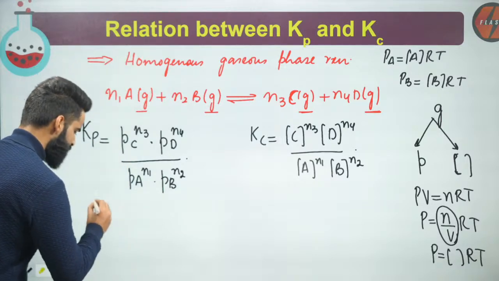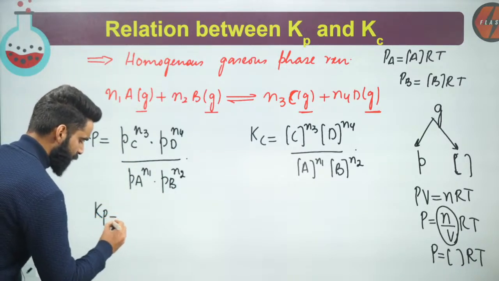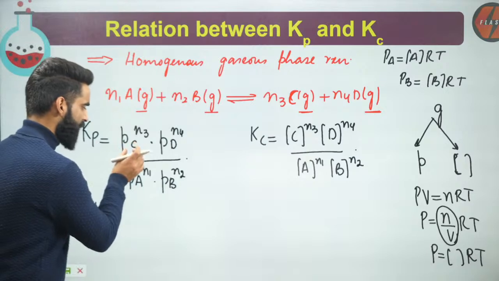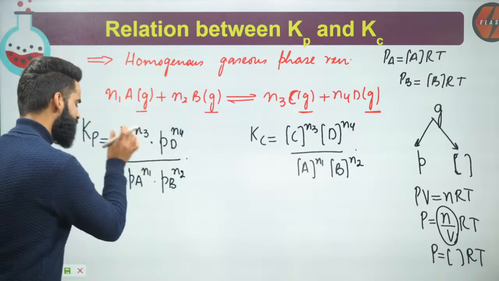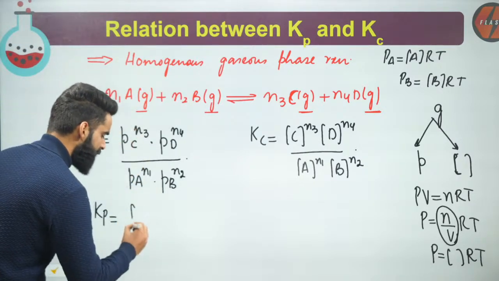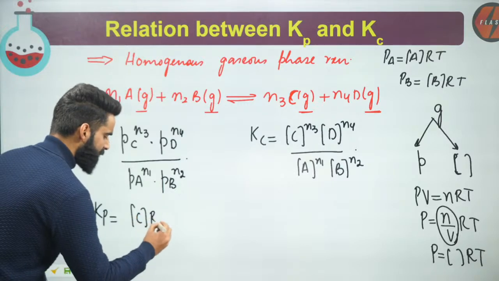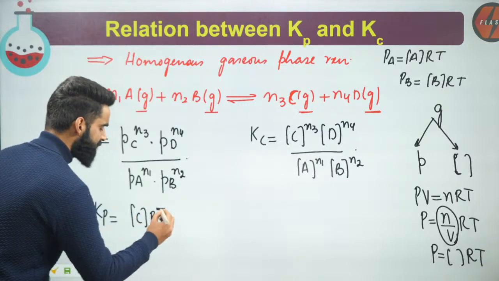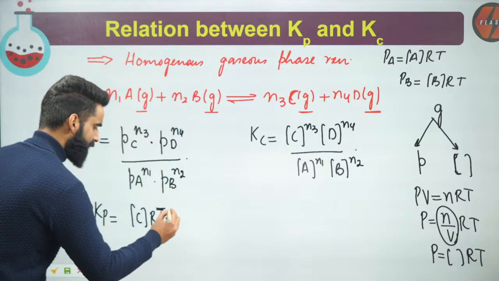I got an expression right here, which is the Kp expression, partial pressure of C at equilibrium. Instead of partial pressure of C, can I write concentration of C multiplied by RT to the power n3? Absolutely.